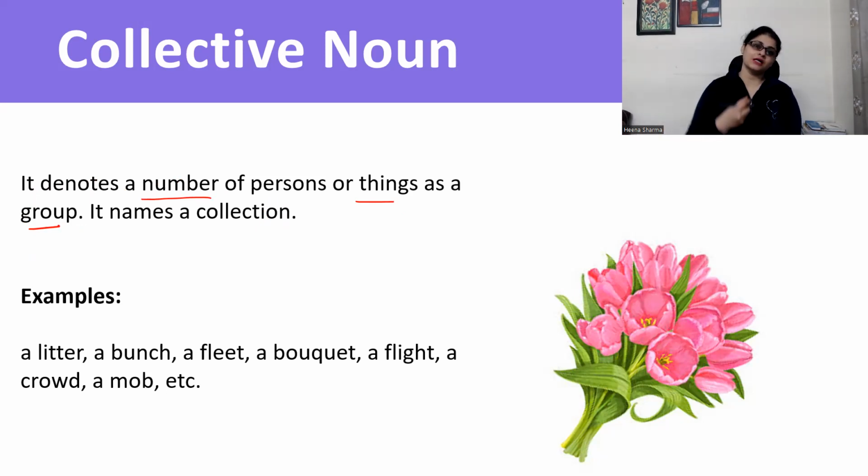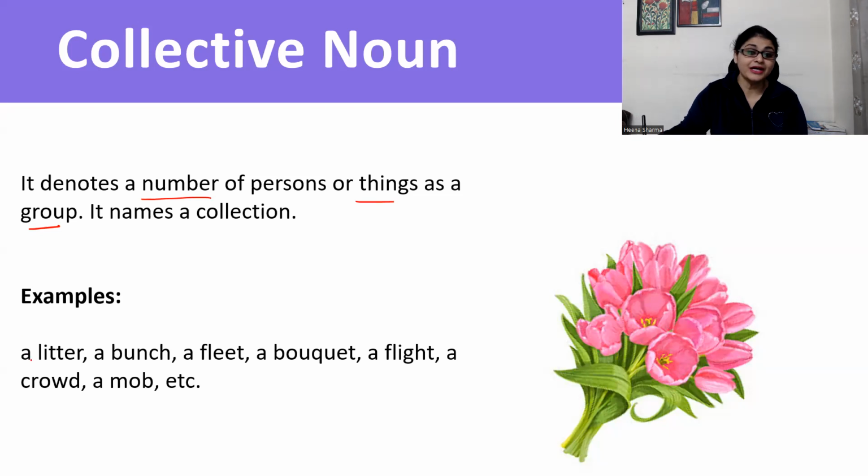It names a collection. किसी भी ग्रुप को, कोई भी ऐसी चीज जो इकट्ठी है, एक जैसी चीजें इकट्ठी हैं, जैसे एक पैकेट है उसमें बहुत सारे पेन्स हैं, तो वो कलेक्शन ऑफ पेन्स हो गया, राइट? तो कलेक्शन ऑफ पेन्स को एक नाम दे दिया गया, पैकेट ऑफ पेन्स. Are you getting me? So this is how it is.